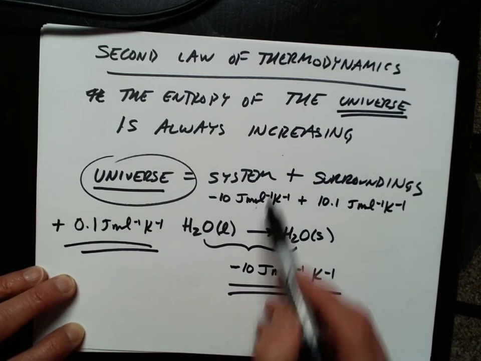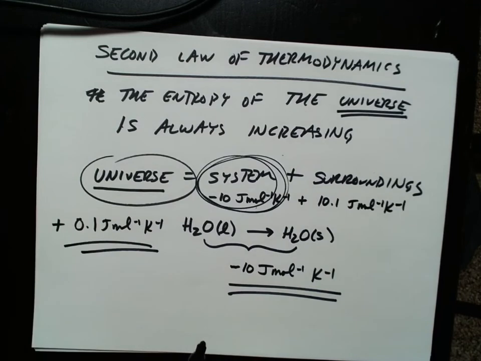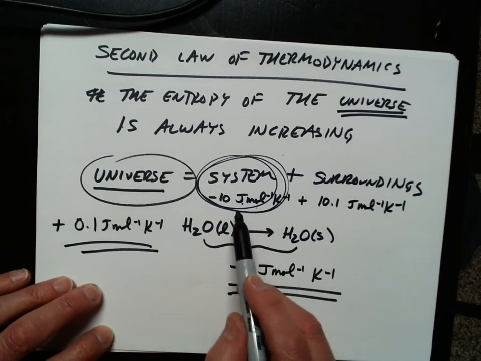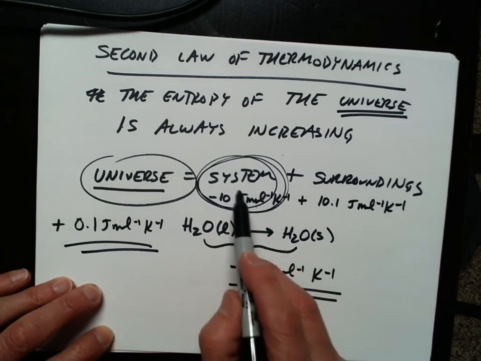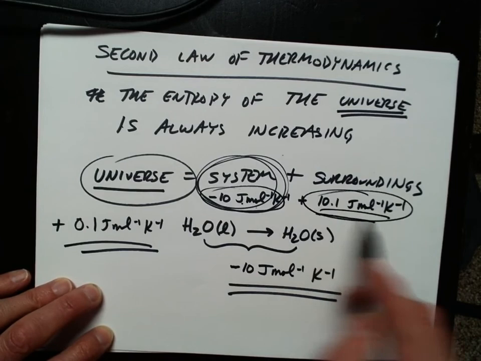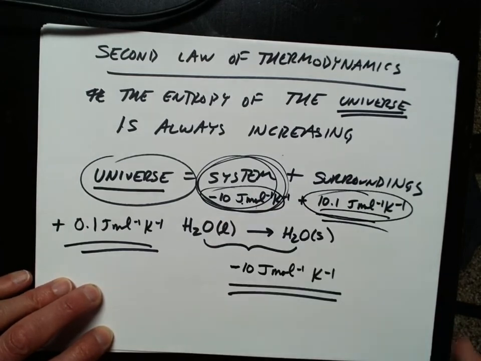So notice, there are things in the universe that can undergo decreases in entropy, as long as, during the decrease in entropy, the surroundings more than make up for that decrease. That's what the 2nd law of thermodynamics deals with.